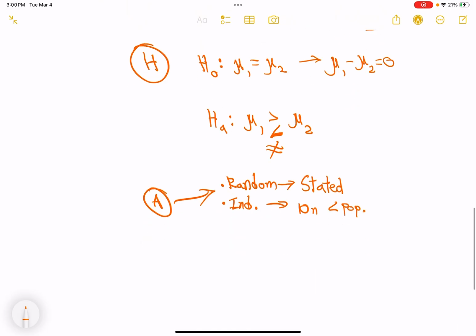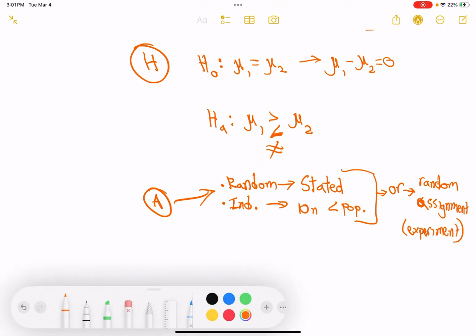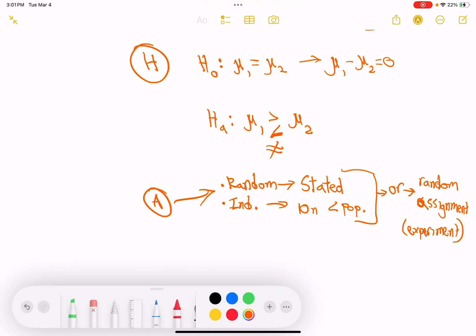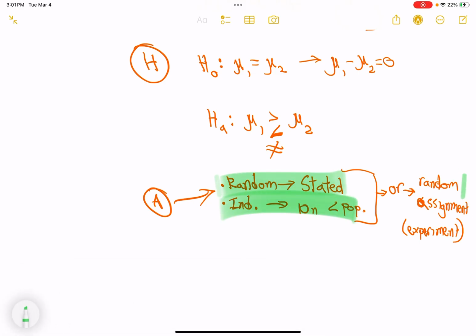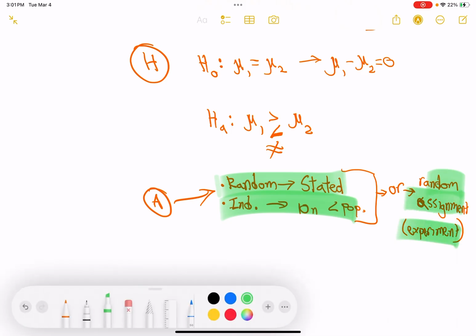For both of these, remember, the other option is that there is random assignment for an experiment. That's your get out of jail free card. Either random and 10%, or we have random assignment for an experiment.